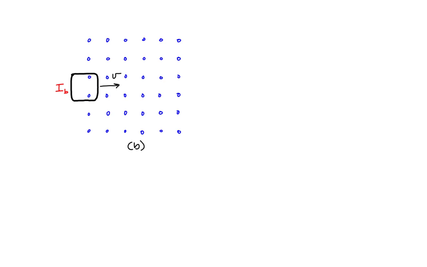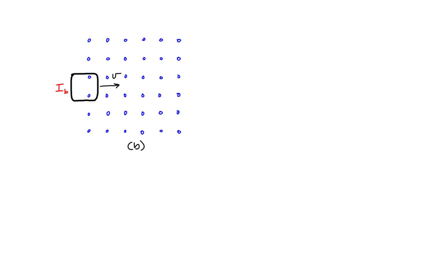For part B, the loop just enters the magnetic field. Well, we could look at this in a couple of different ways. One way of looking at it is, since the loop is entering the magnetic field, just that fact causes a change of magnetic flux. Lenz's law says that there will be an induced magnetic field whenever there is a change of magnetic flux in order to oppose the change of magnetic flux.